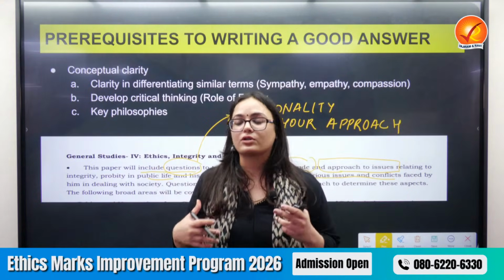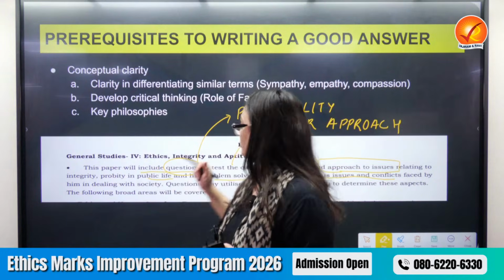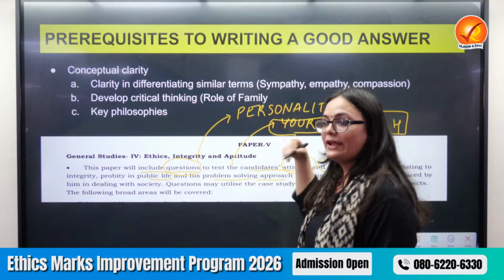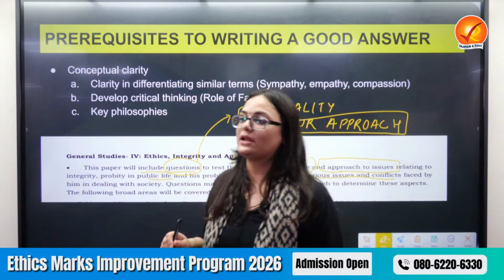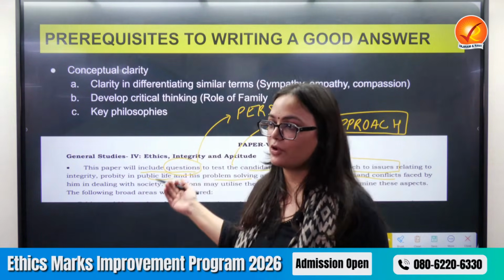That showcases what? You as a person of integrity. Okay? So whatever you write in this, it has always to reflect your perspective, your standing in a situation, and not your definition that you've learned from a book.